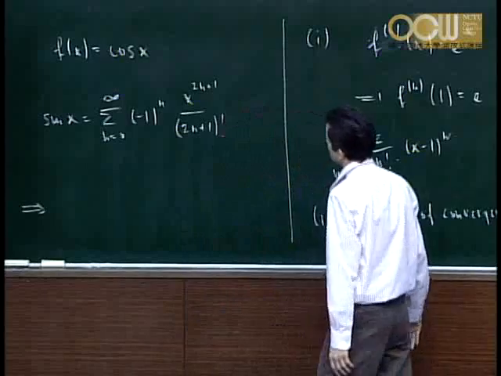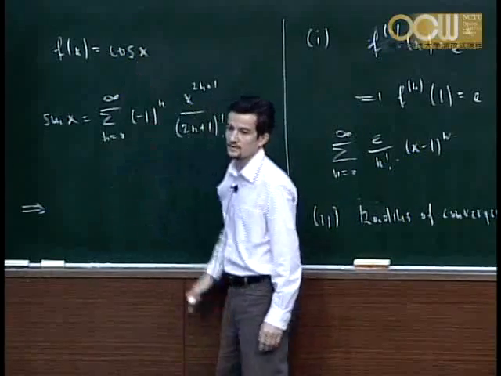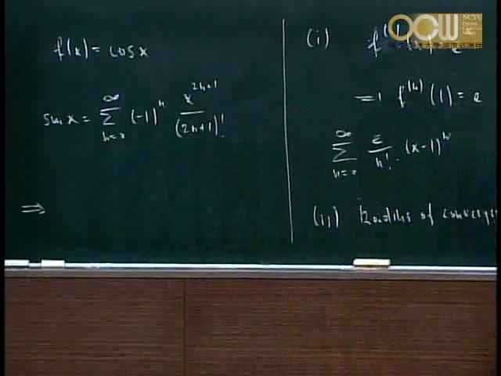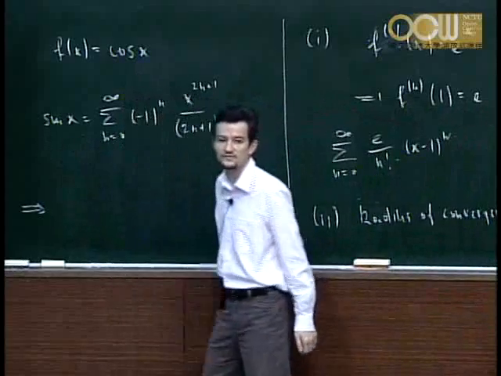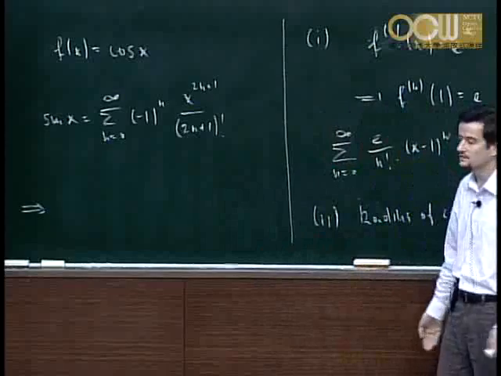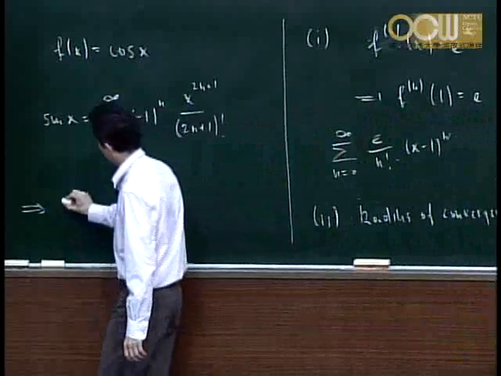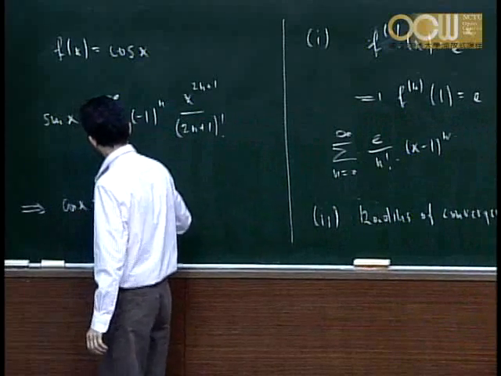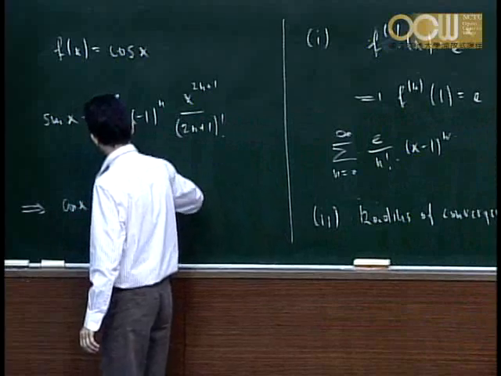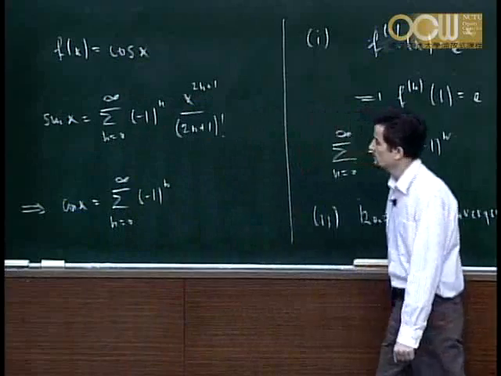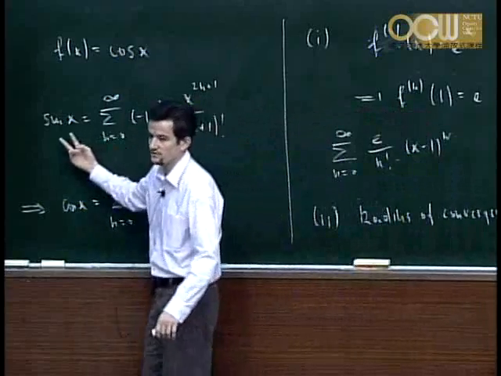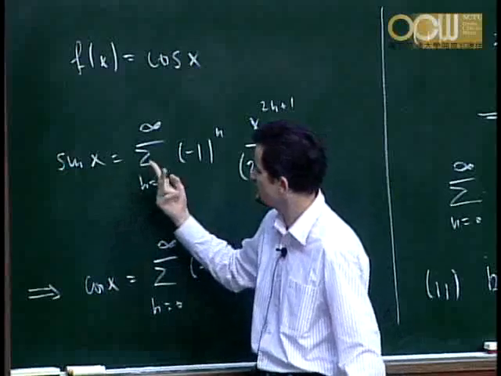So if you want to know the Maclaurin series for cosine of x, you just take derivatives on both sides, because we have proved this already for all x. So what you get here is cosine of x equals the series n from 0 to infinity of minus 1 to the n, and you can interchange differentiation and summation.